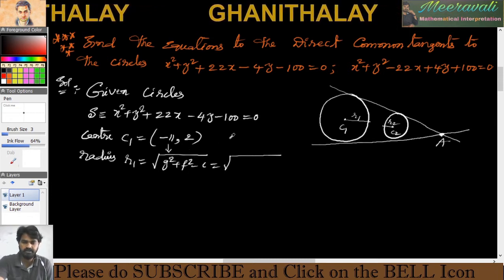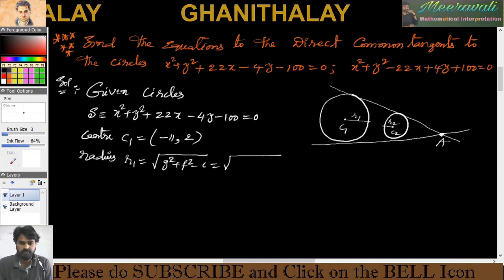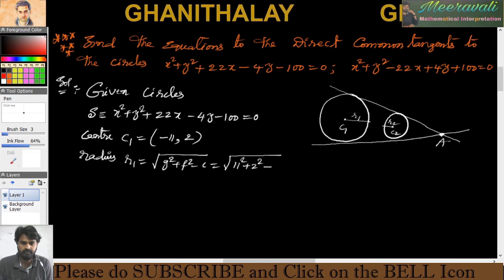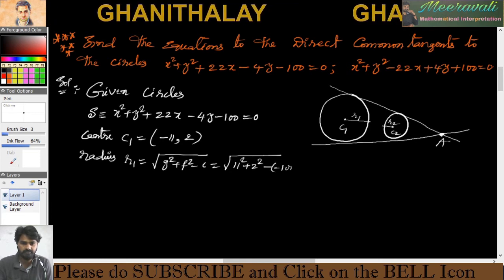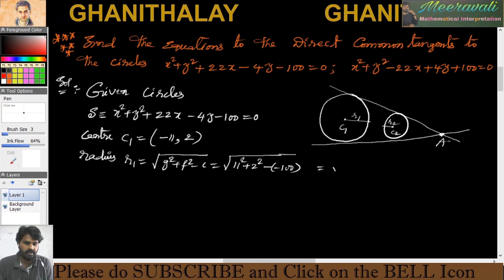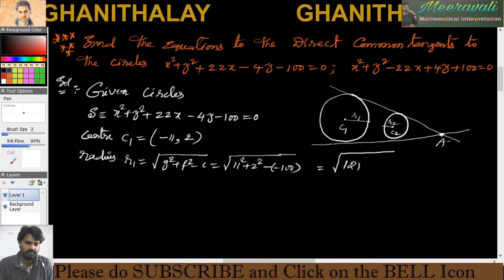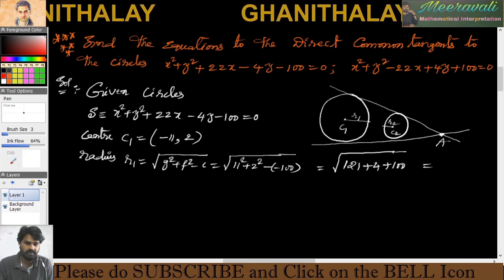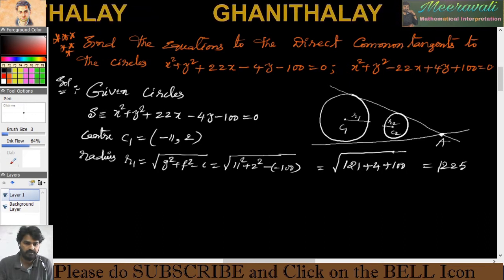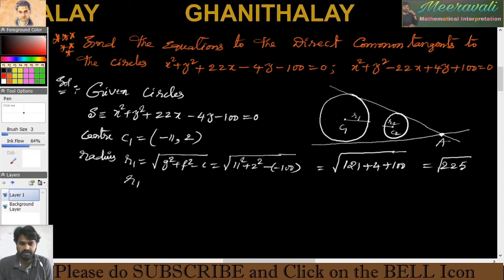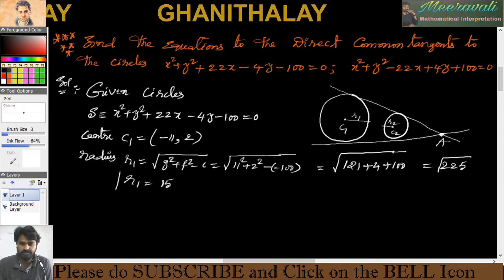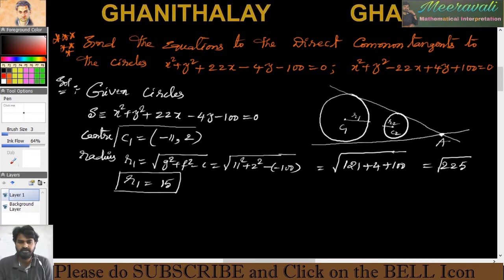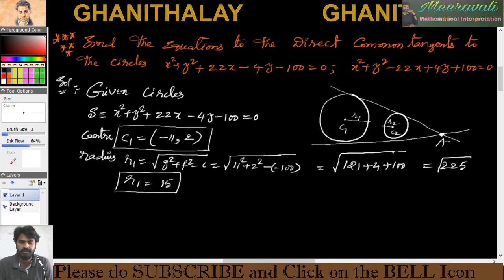So 11 square plus 2 square minus the constant, that is minus 100. So finally you can write square root of 121 plus 4 plus 100. So finally how much will you get? 225. Root of 225 gives the answer r1 is equal to 15. So this is the first circle radius, and this is the first circle center. Okay, they are important.